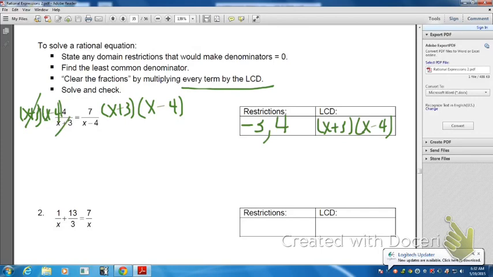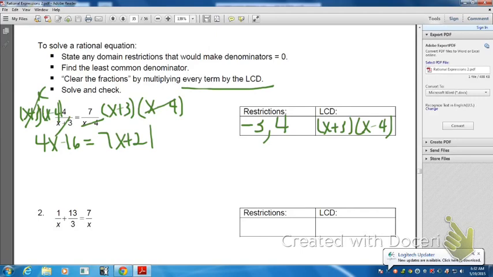That would leave us with 4 times the x minus 4. And we would distribute that, so that would give us 4x minus 16 equals, and then on our right-hand side, it is our x minus 4's that will cancel, and then we're left with 7 times the x plus 3, which would be 7x plus 21.